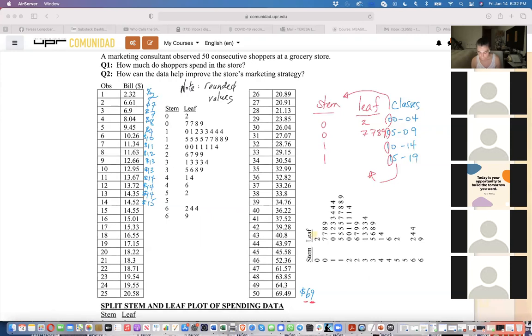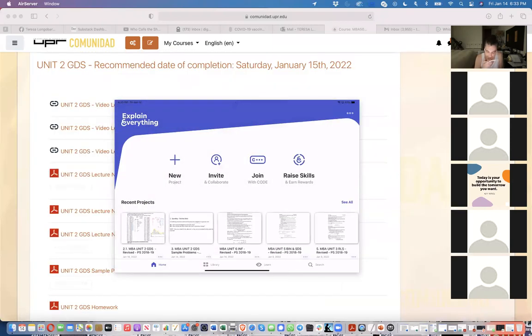Why do we have 2 stem 0 and 2 stem 1? Why don't we continue with the 1 with the 0 in the same line? Why don't we go 0 to 9 and then 10 to 19? Is that your question? Yes. So let me show you what that looks like.